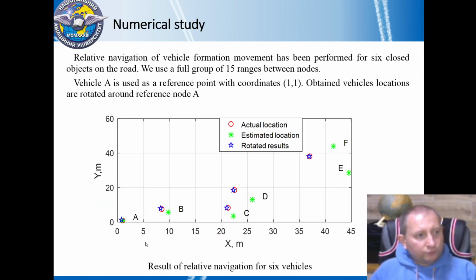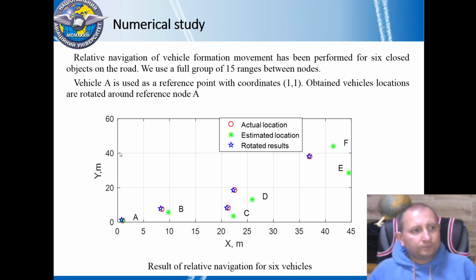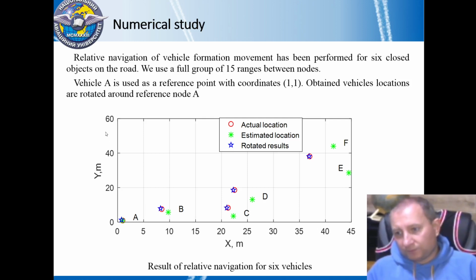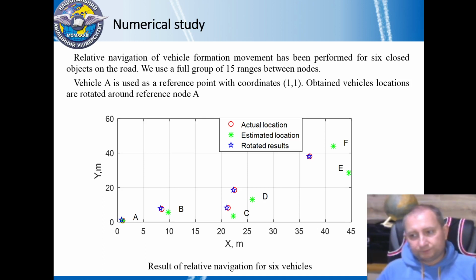And we count latitude and longitude of each vehicle, and then we simulate measurements of ranges between all of these vehicles based on a simple path loss model for the free space propagation case.